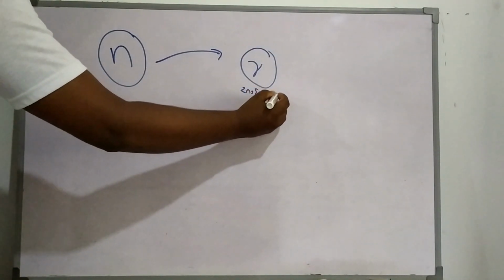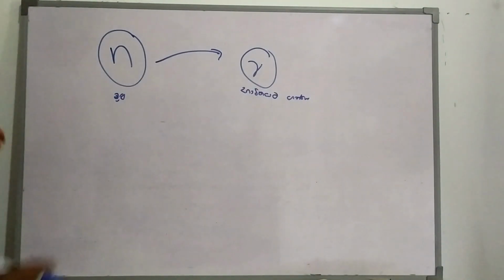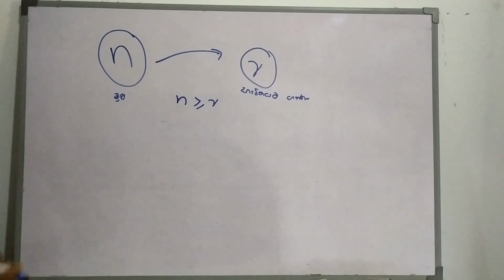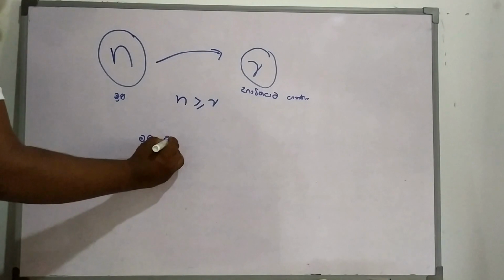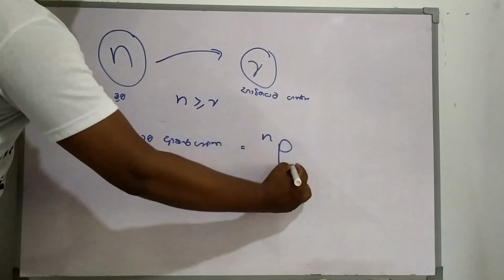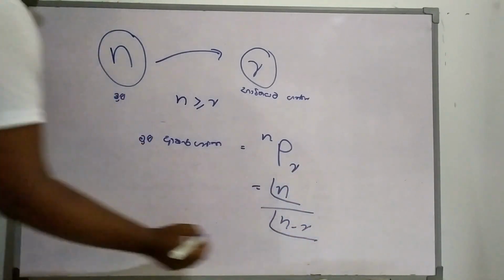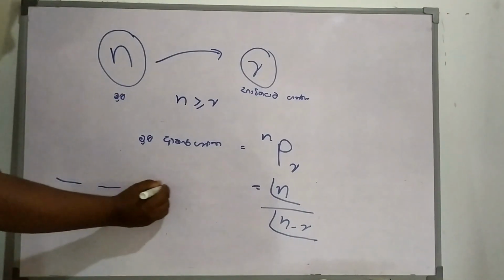You can see we have n number of elements, but we are using only r at a time. We have a total of n elements, but we are using r elements. n is always greater than or equal to r. So the total arrangement is nPr, n factorial divided by (n minus r) factorial, because we are using r elements.